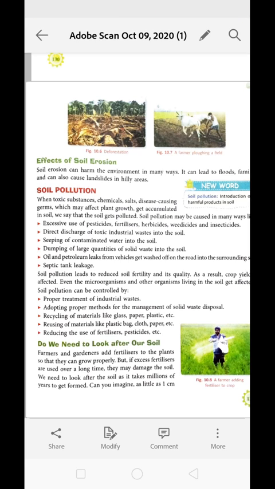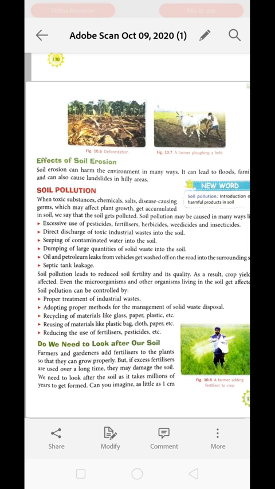Next, recycling of materials like glass, paper, plastic, etc. is also very useful, because they create a great amount of non-degradable waste on the land. Next is reusing materials like plastic bags, cloth, paper, etc. so that waste production slows down.